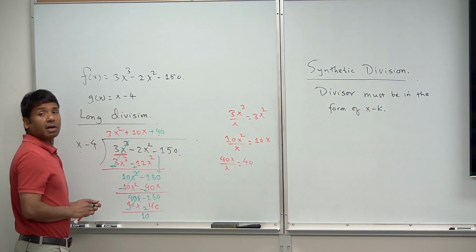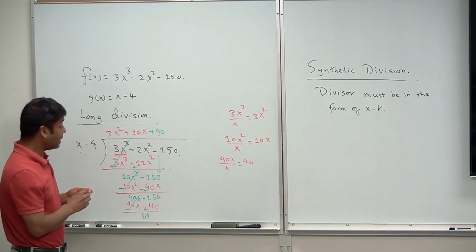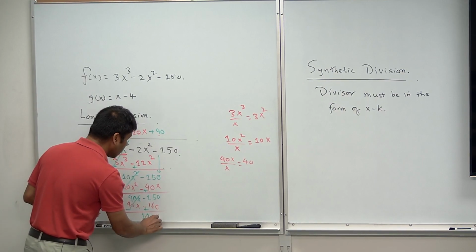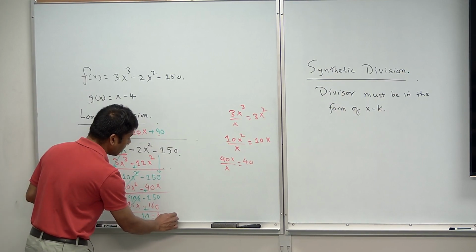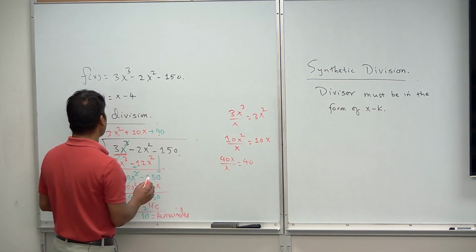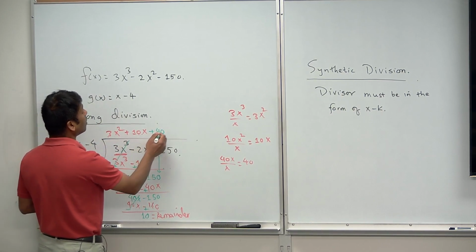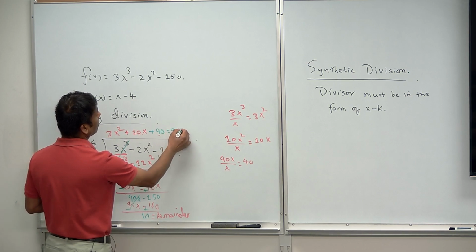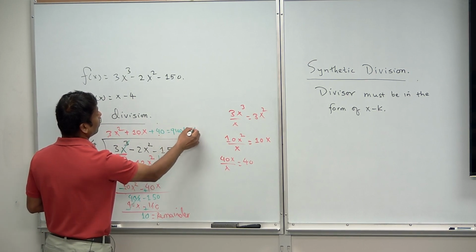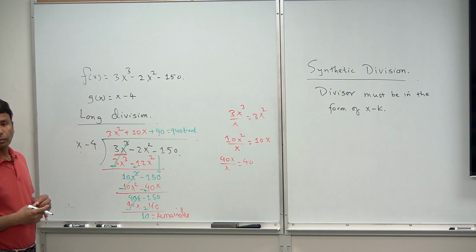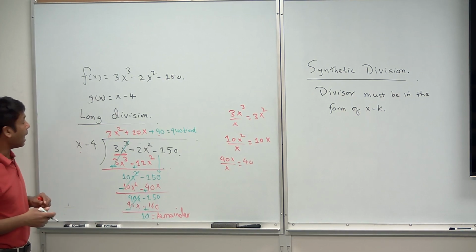Now this 10 is the remainder. And what is the quotient? This 3x squared plus 10x plus 40, this is the quotient. Right? And what is this?